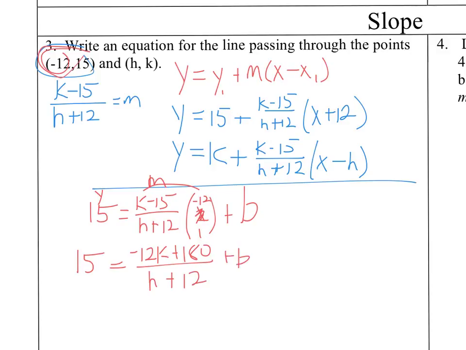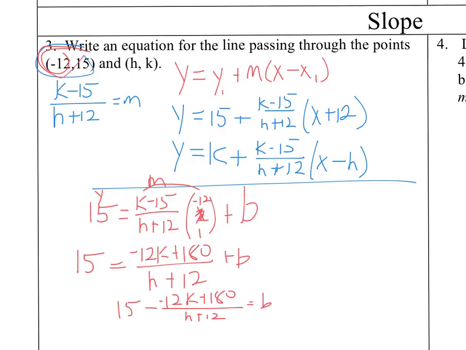A perfectly acceptable answer for this would be 15 minus 12k, negative 12k plus 180, over h plus 12 is equal to b.